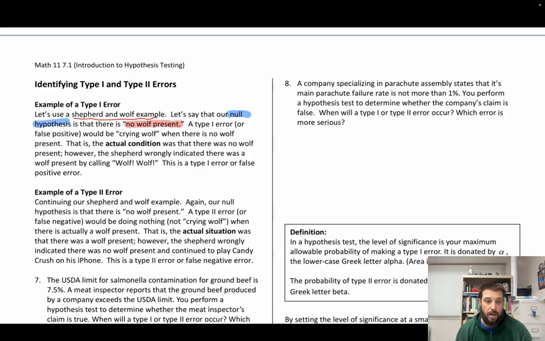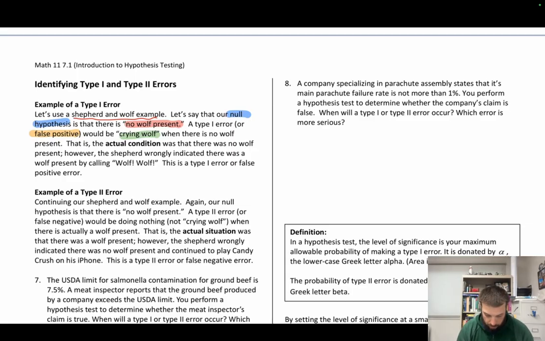A type 1 error, or a false positive, would be crying wolf when there is no wolf present. Okay, that is the actual condition, there was no wolf present. However, the shepherd wrongly indicated there was a wolf present by calling wolf.